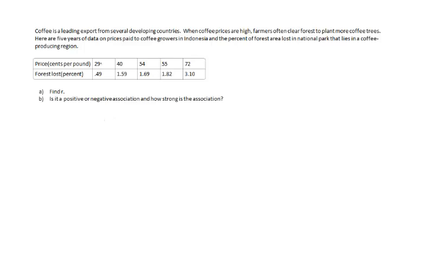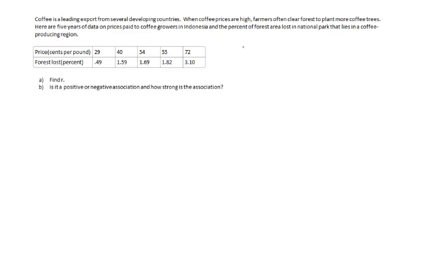So we have the data points 29 and 0.49, 40 and 1.59, 54 and 1.69, 55 and 1.82, and 72 and 3.10. Before we get to calculating R, we need to know x bar, sx, y bar, and sy, and I've found these already.